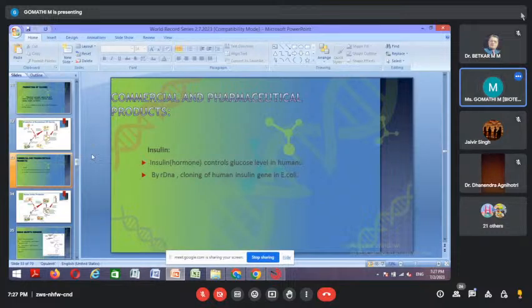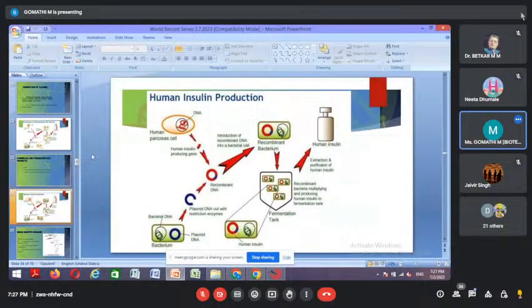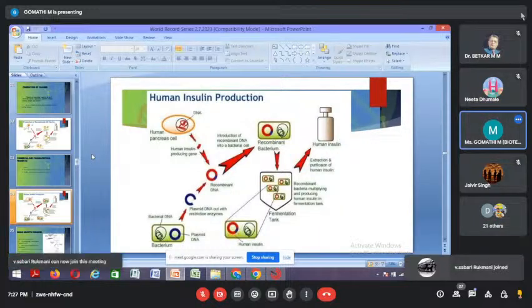And insulin, we know, controls the glucose level in humans. By recombinant DNA technology, or cloning, human insulin has been produced, by cloning the human insulin gene in the bacterium E. coli. The human insulin-producing gene is isolated from pancreatic cells and combined with plasmid DNA taken from a bacterium.